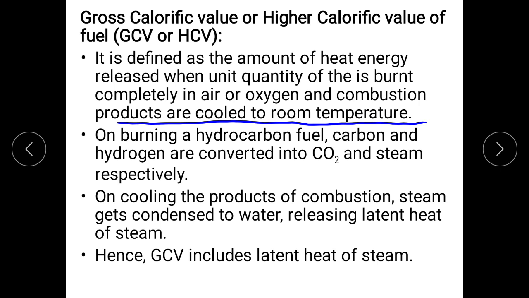Since we are not allowing the products to escape, since we are cooling the products of combustion, we are getting that extra amount of heat due to the condensation of steam, which is latent heat of steam. Hence we conclude that GCV includes latent heat of steam. So GCV is nothing but calorific value plus latent heat of steam. That means the energy released when unit quantity of the fuel is burnt plus the energy released due to the condensation of steam. Put together is GCV.